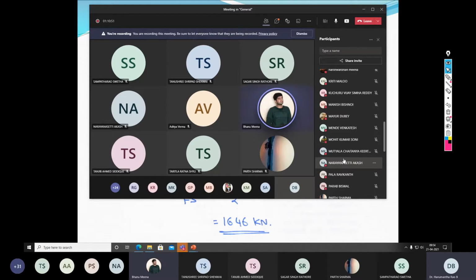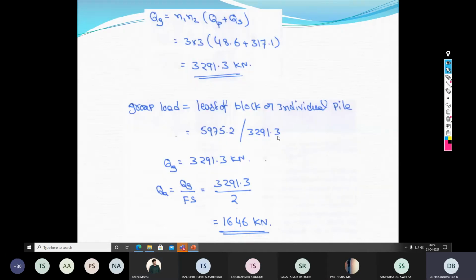Banu. Yes, sir. Sir, we use beta method in individual pile, but not in group. What's the reason, sir? Can you repeat it? Oh, acha. See, in case of the individual pile, it is assumed that the adhesion is responsible for the skin friction development.